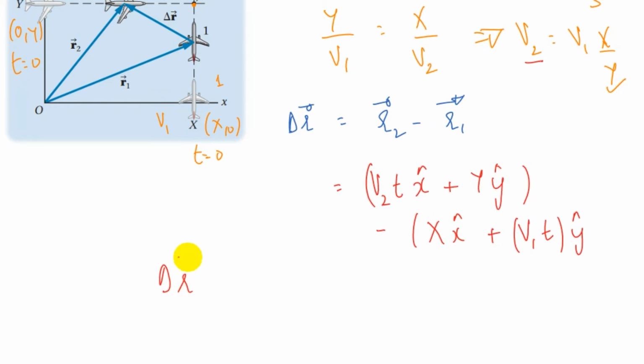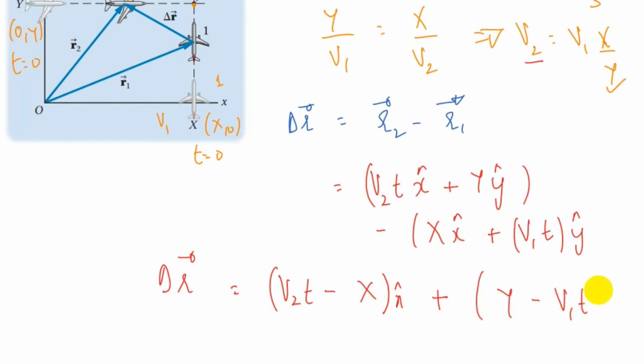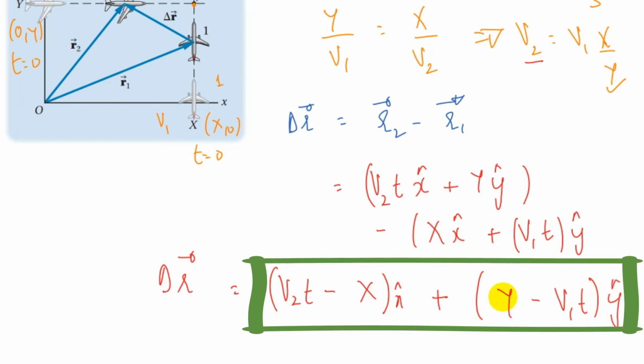So delta r is v2 t x cap minus x cap, plus y minus v1 t times y cap. This is our displacement vector delta r.